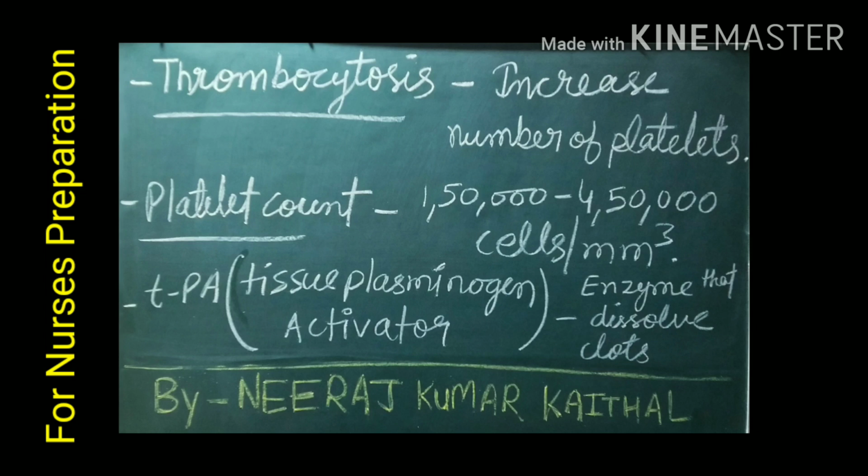Thrombocytosis is a condition in which platelet count increases. What is the normal platelet count? Normal platelet count is 1,50,000 to 4,50,000 cells per mm cube.